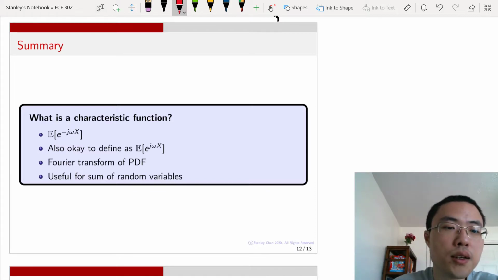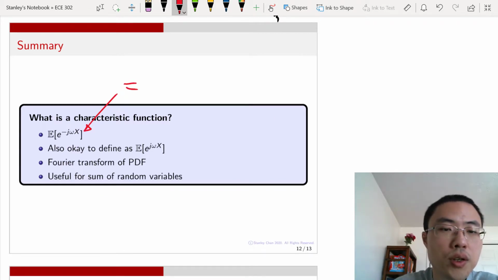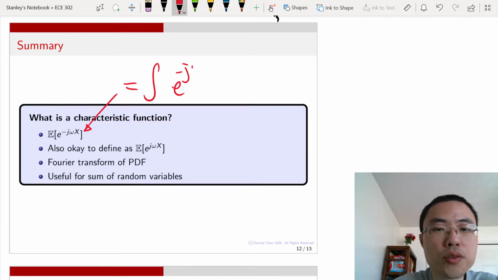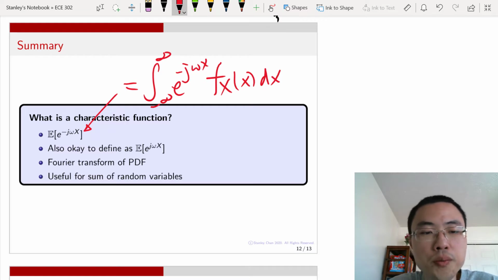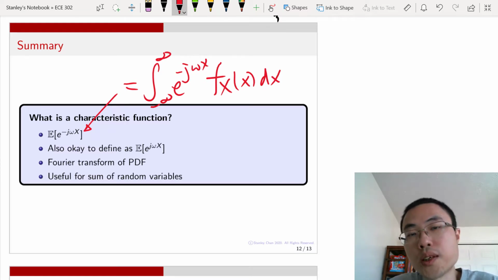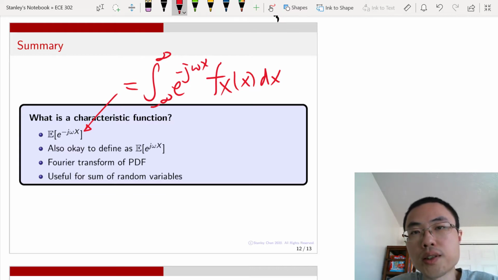Indeed, the characteristic function, if we define it this way, the expectation of e to the minus j omega x, is exactly equal to the Fourier transform, which is the integration of e to the minus j omega x times f_X(x) dx from minus infinity to infinity. So you have the Fourier transform, and therefore we can use the Fourier transform to do the calculation.